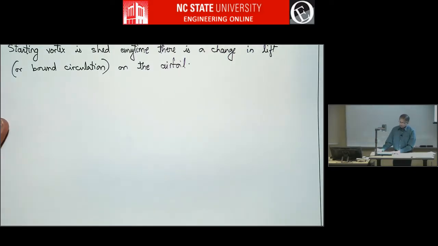That happens when an airfoil has zero lift and sometime later it has some positive lift, there's a change. It's also true when an airfoil already has lift and for some reason the lift increases. It could be due to a change in angle of attack or a change in flow speed or something like that.